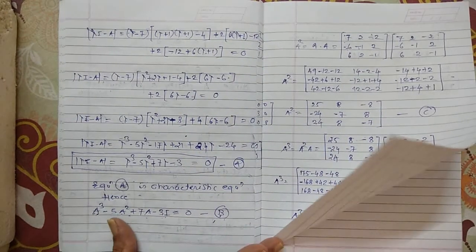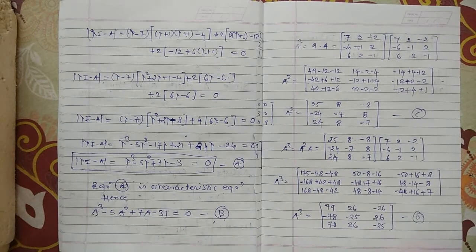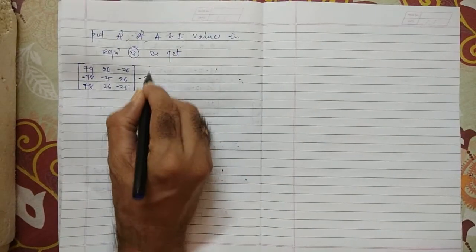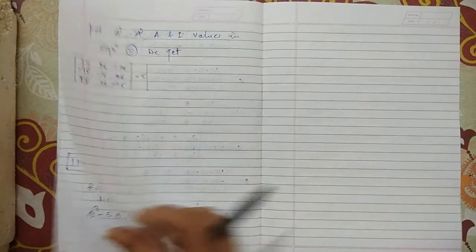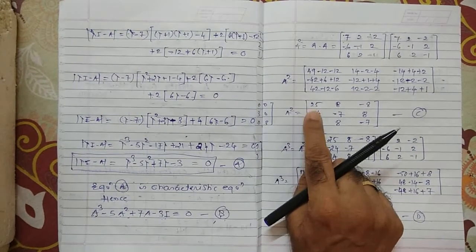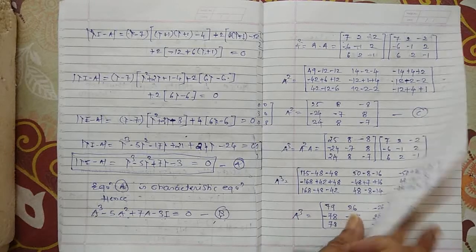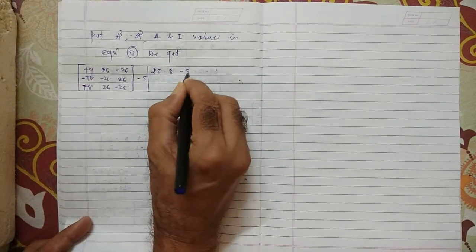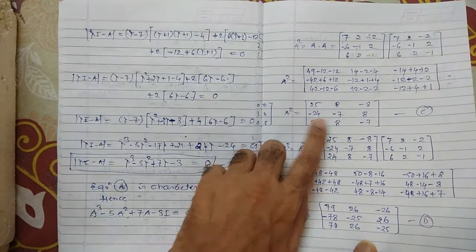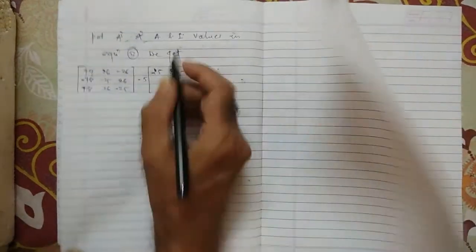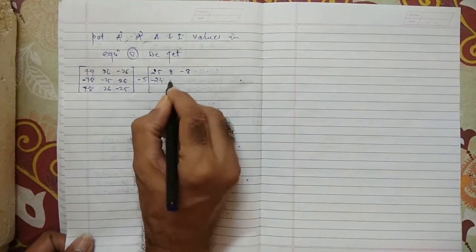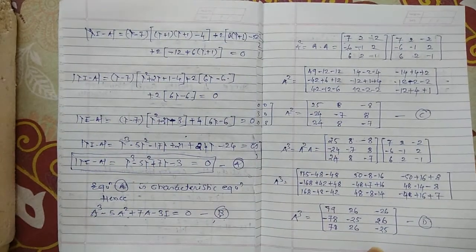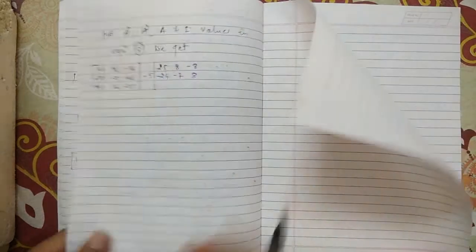Now this is minus 5 A square. So this becomes minus 5 and A square. A square is 25, 8, minus 8, minus 24, minus 7, 8, and 24, 8, minus 7.